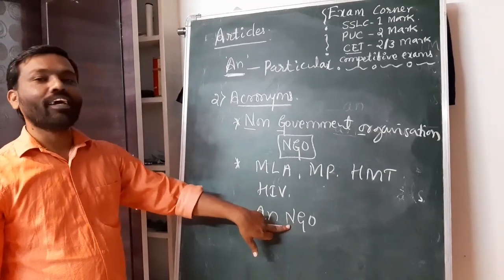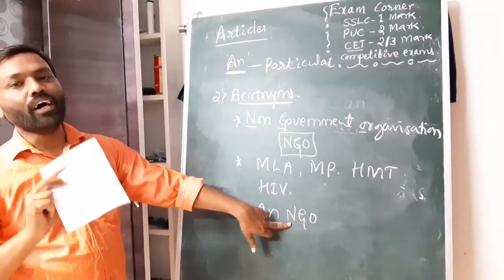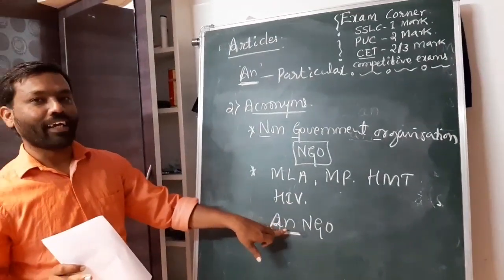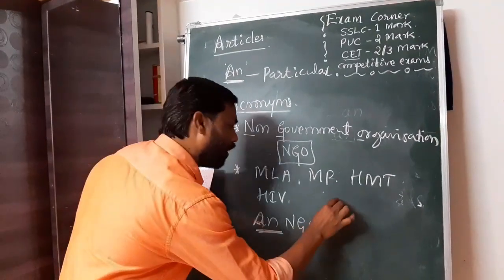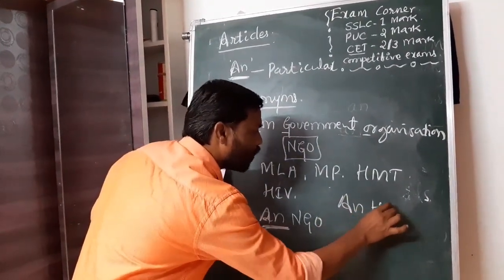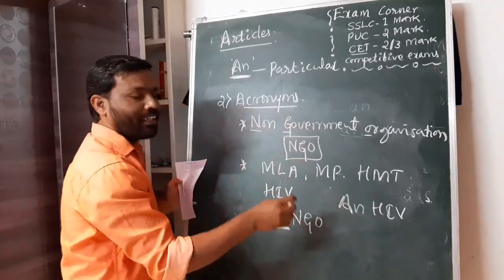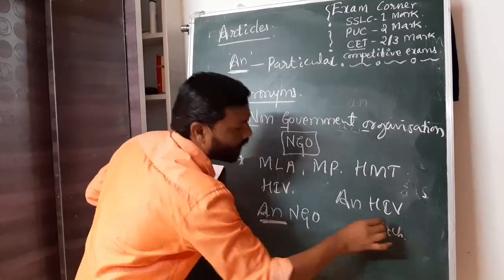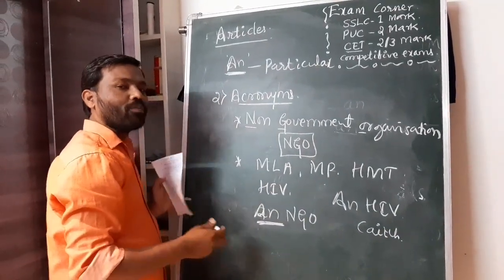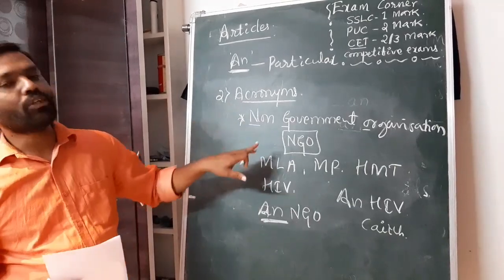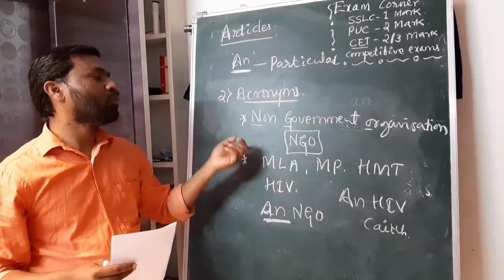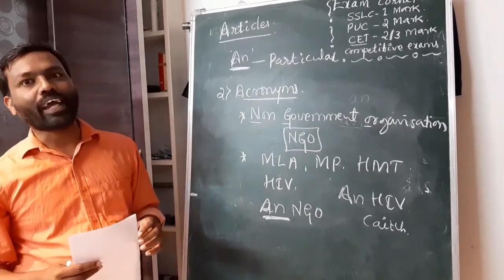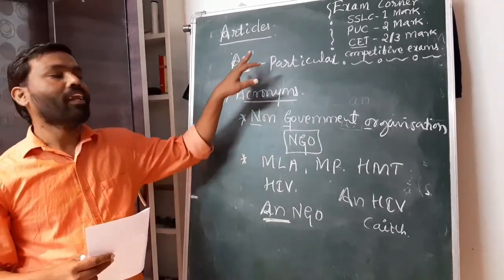Because the letter N itself gives a vowel sound, so because of that we use the article "an". Take another example, an HIV. Here, H is pronounced like "aitch". So whenever the acronym starts with a vowel sound, we can use the article "an" before that acronym. This is the second rule regarding the article "an".